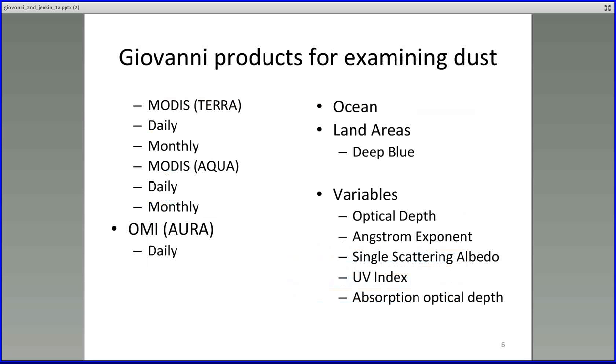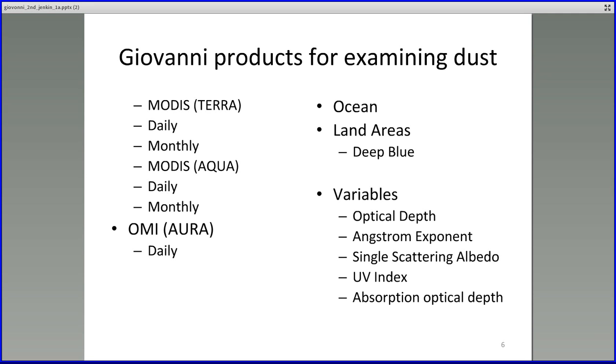There are a number of products that are very useful for examining dust over West Africa, and those include the MODIS products at both daily and monthly timescales related to Terra and Aqua, and the OMI satellite has products at a daily timescale, which are also very useful, and they can also help us to distinguish between aerosol types like biomass burning aerosols versus dust aerosols.